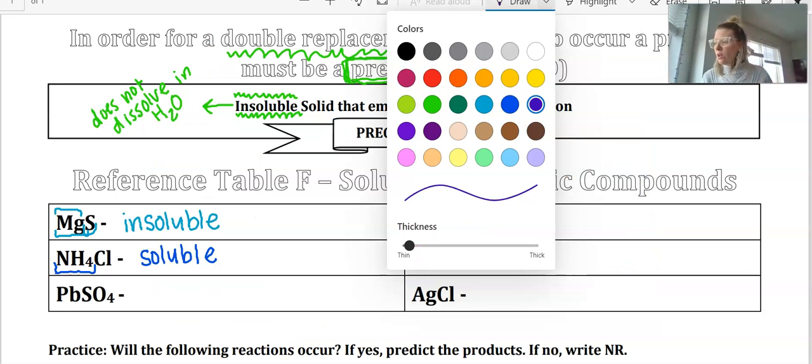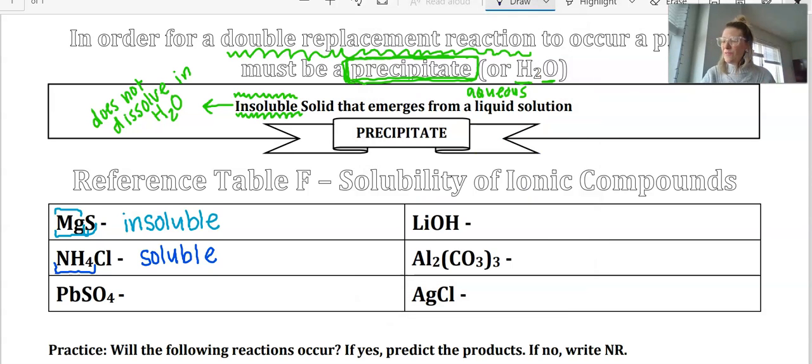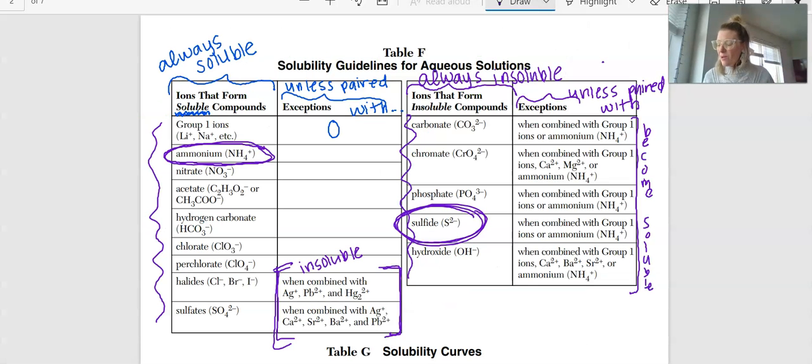Is there a rule about the sulfate ion? So I go back and scan, and boom, sulfate ion. So sulfates are always soluble unless combined with silver, calcium, strontium, barium, or lead-2+.